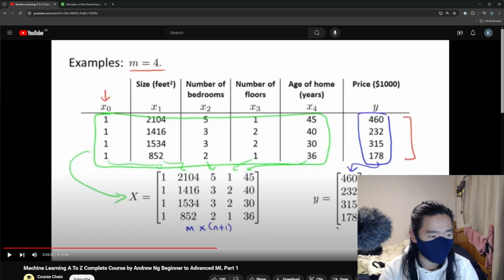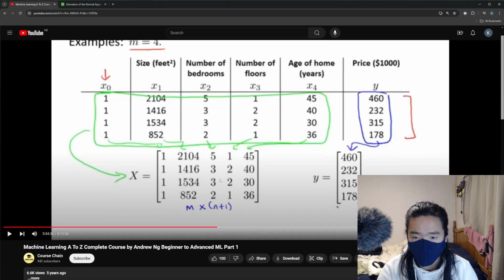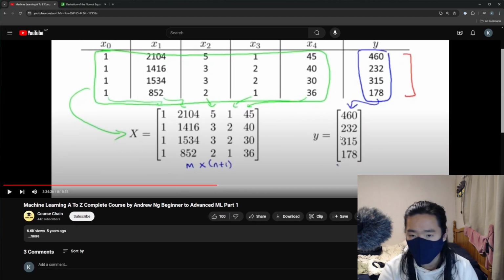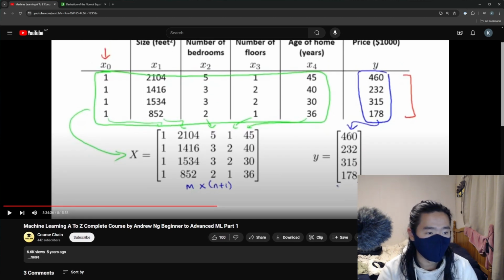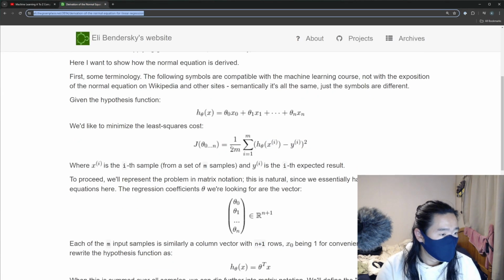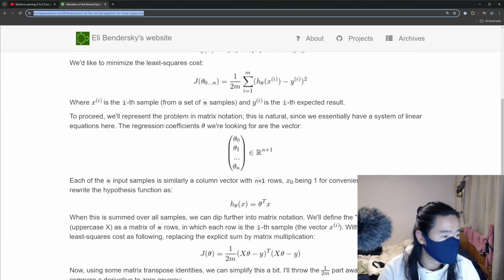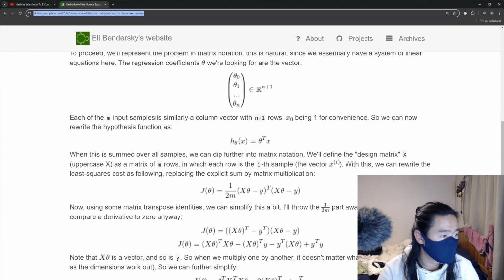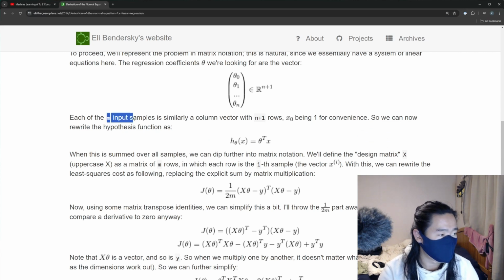We form a matrix here by putting all these values together like so, and correspondingly we do the same for y, such that the rows match. This is just an observation here. Each of the input samples is a column vector.